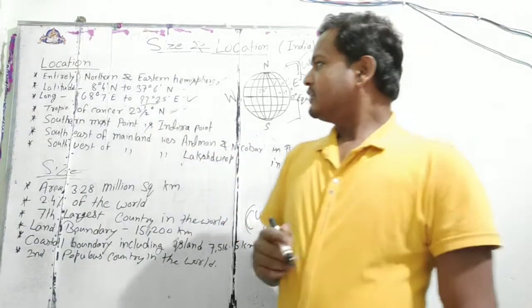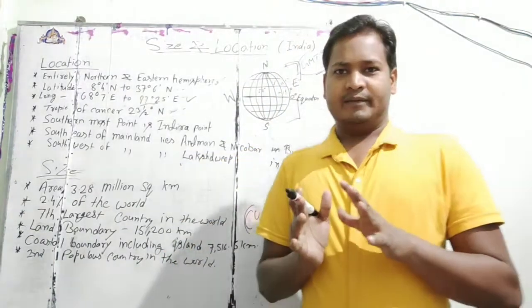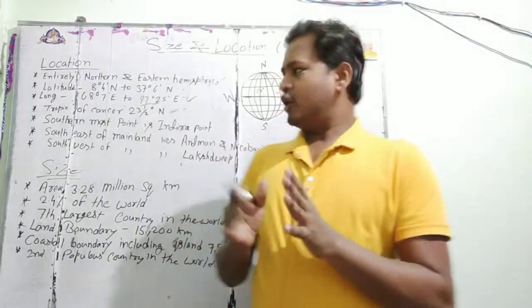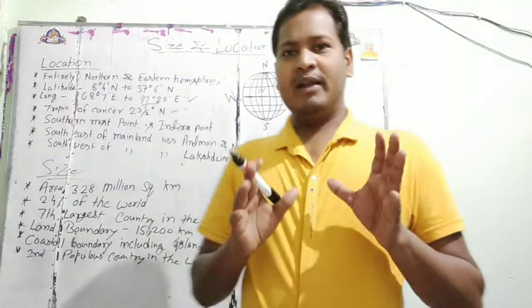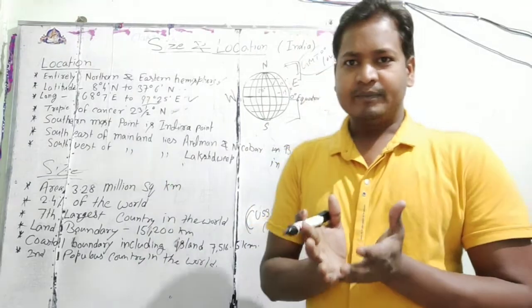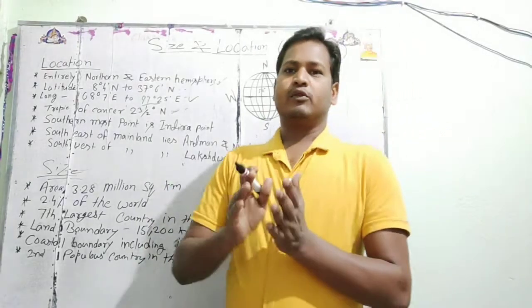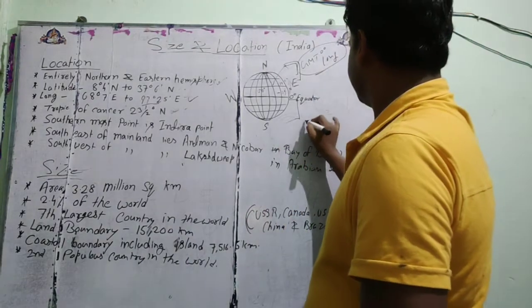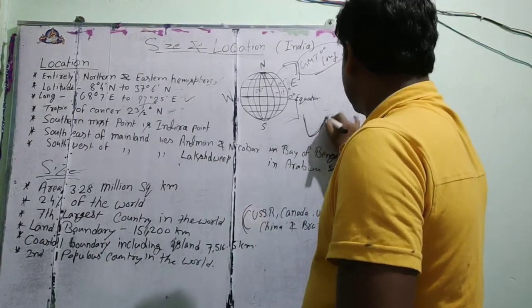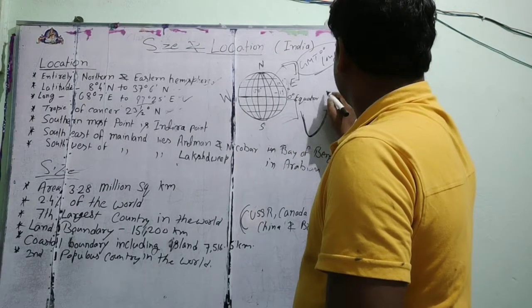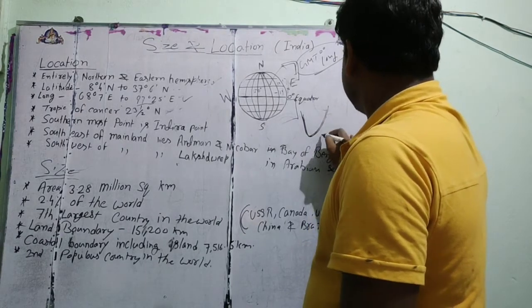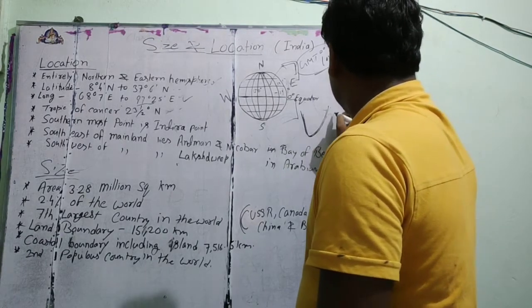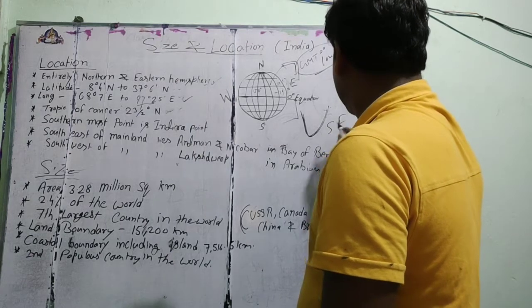Now, to the southeast of mainland lies Andaman Nicobar Islands. That means to the southeast of our country. See here, that is a peninsula, and this is the southeast part of India.